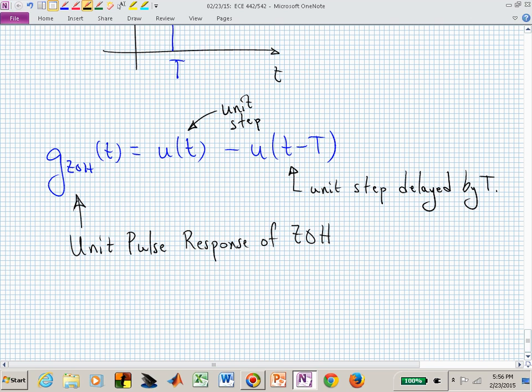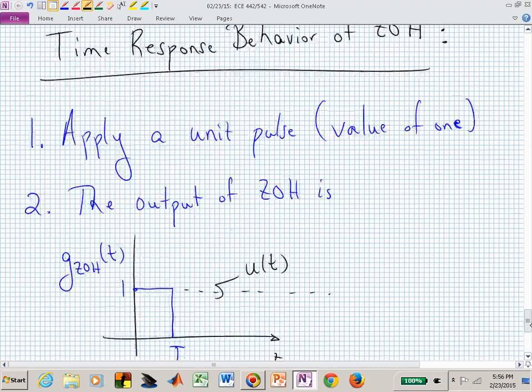We are starting with a capital G of s. That's in the frequency domain. This little g sub ZOH of t is a time domain expression. Let's take that into the frequency domain, because if we have two systems cascaded together in the frequency domain, which is what is happening in our block diagram, we can simply multiply those together.